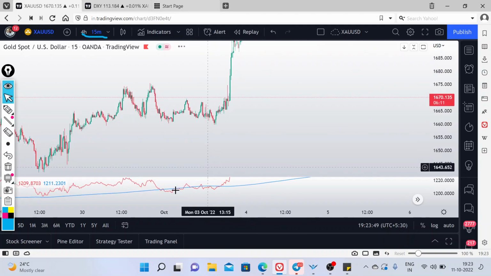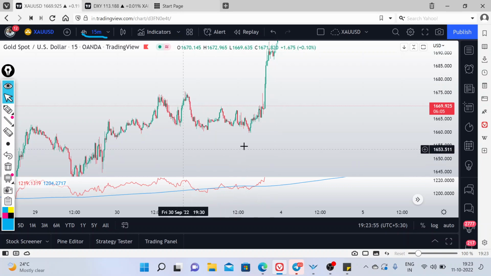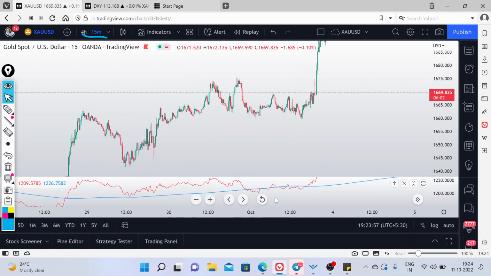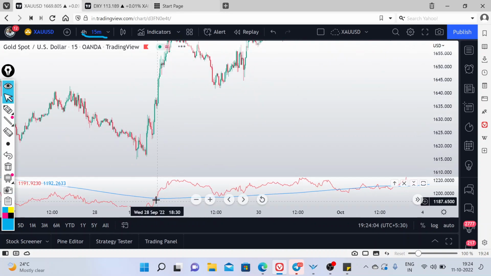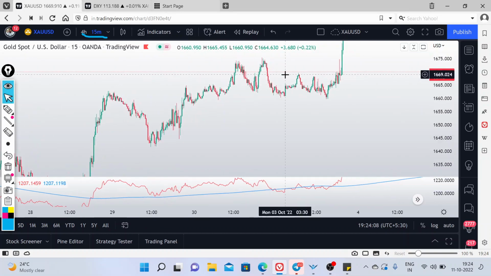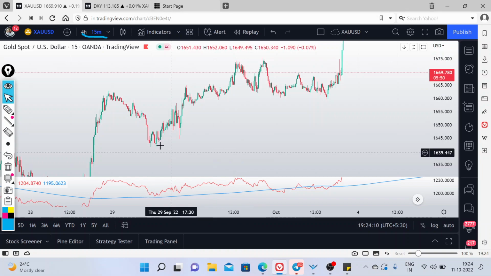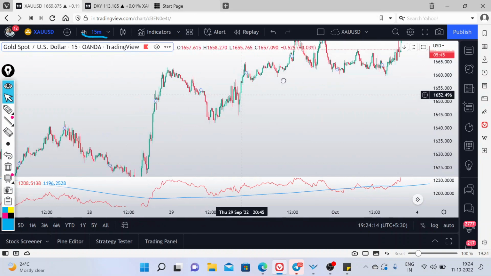So now what do we have to do for these false entries, to avoid these? Let me explain these entries later, but you can see some examples like this one. This is a good buy move, and you can see a good bullish run after it crosses from the lower to the upper side.